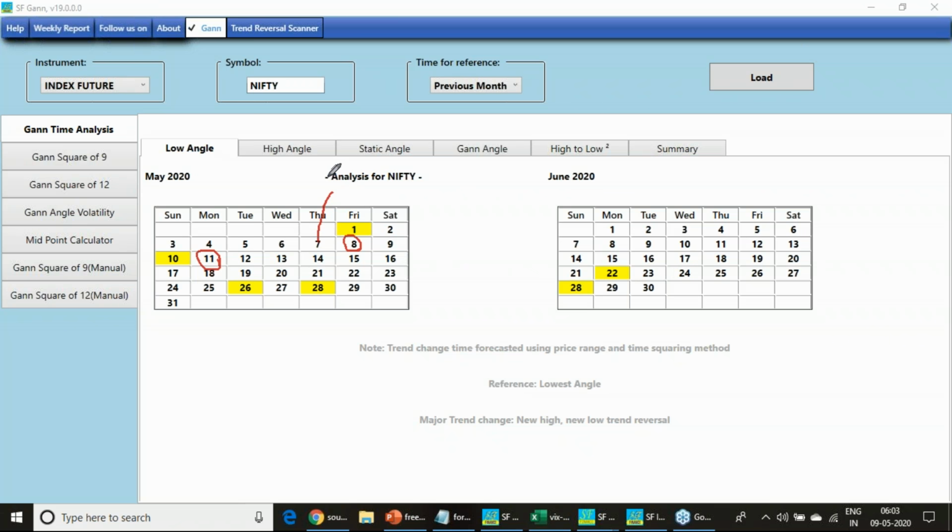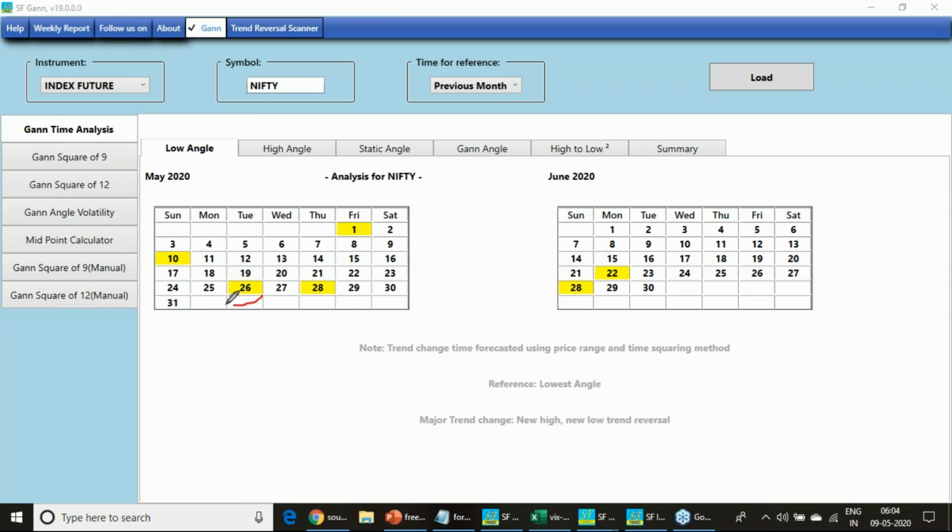You have seen on the 7th we had a negative closing, and on the 8th we opened and went to a great level, though the closing was positive. It was not at the day's high point, but still that particular day, the trend reversal date worked perfectly.